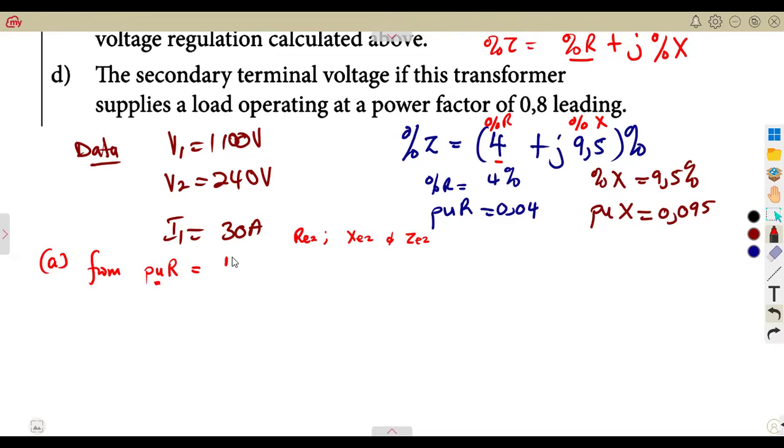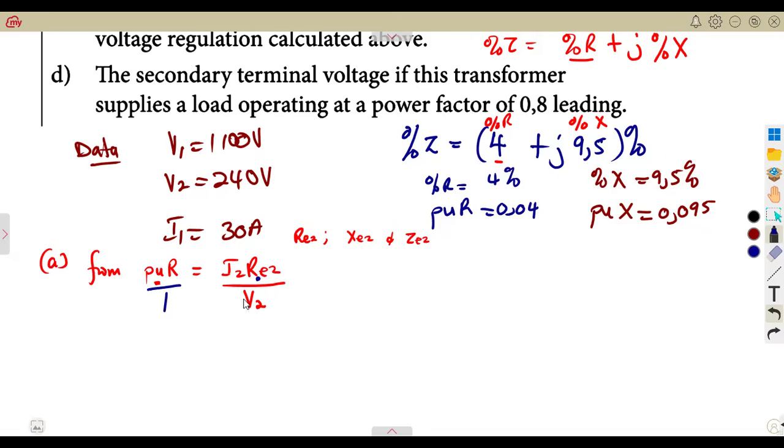If you're considering the primary, it's I1 RE1 over V1, which is equal to the secondary, I2 RE2 over V2. This is per unit. I talked about these formulas, guys, on our introduction. We're not considering the primary, we are considering the secondary. So the per unit resistance is I2 RE2 over V2. And we can see that RE2 is there. So let's make it the subject.